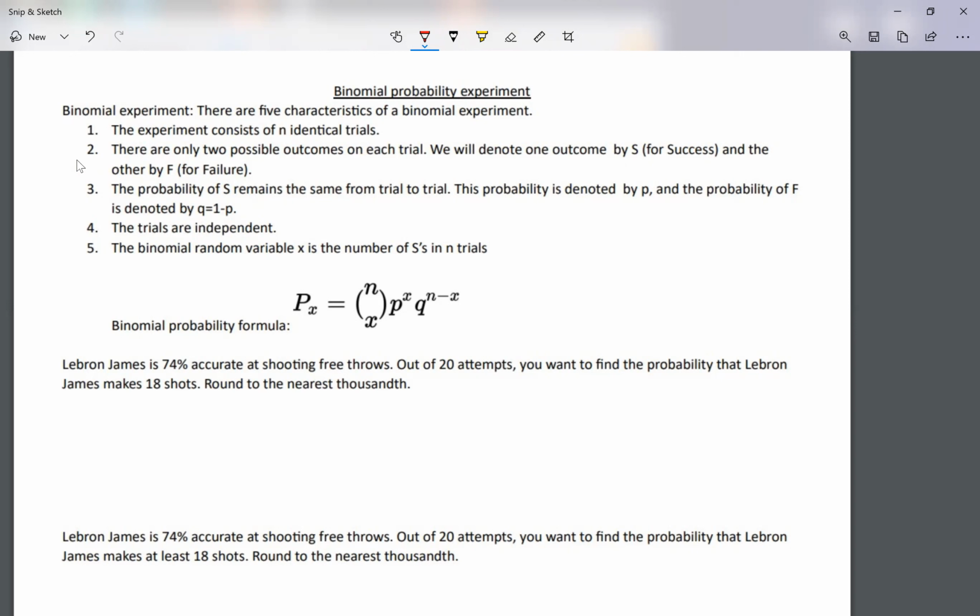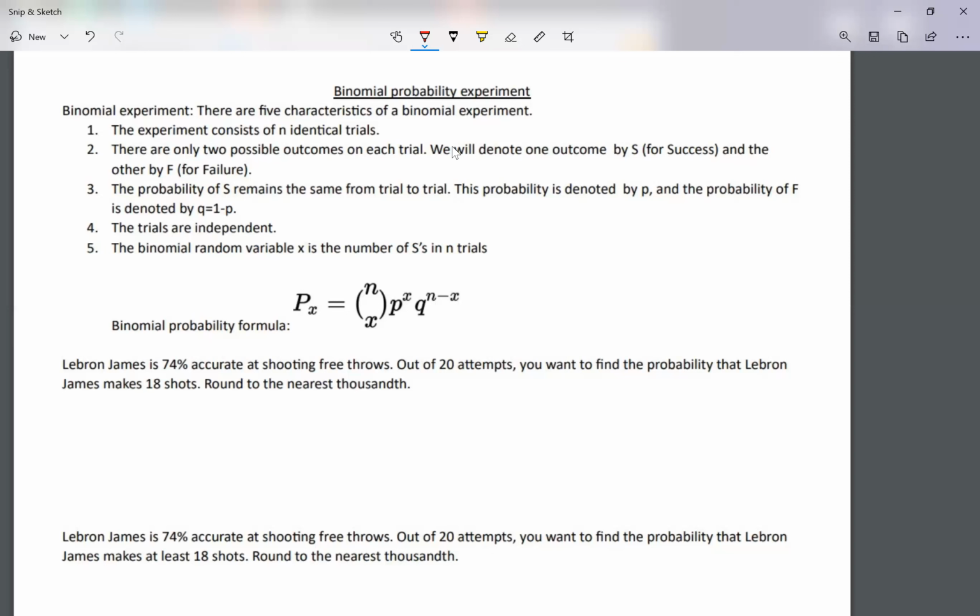The second thing I have to have: there are only 2 possible outcomes on each trial. We denote one outcome by S for success and the other by F for failure. Sometimes we use the letters P and Q. So I have 2 choices: either I make it or I don't.